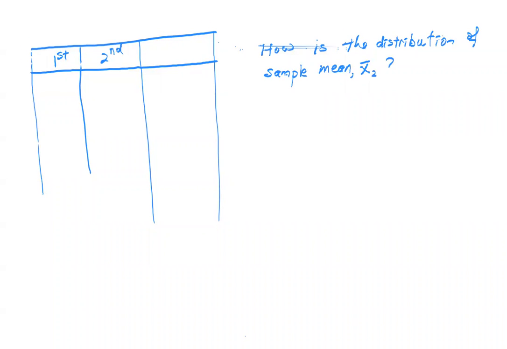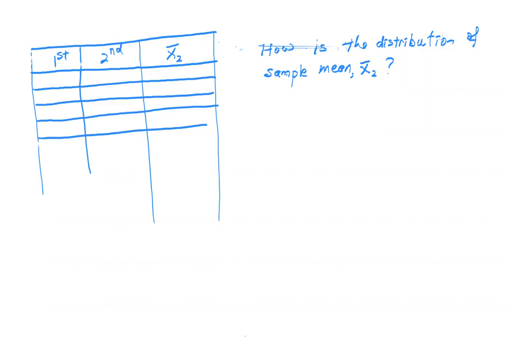My variable of interest now is the sample mean. Are you clear? For each sample, I will find the sample mean. So altogether, I got how many samples? 16 samples. Can you please list down all the 16 samples, and for each sample, find the mean, please.